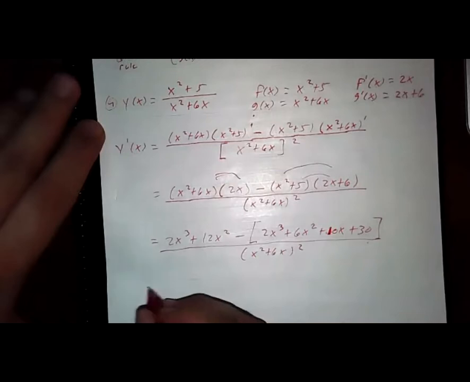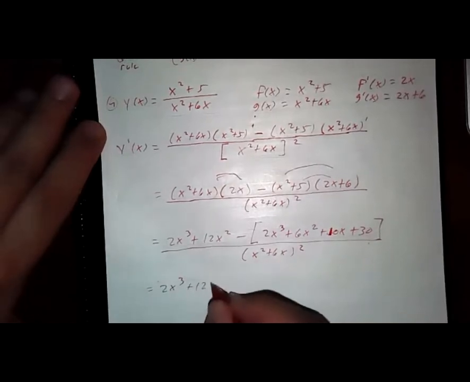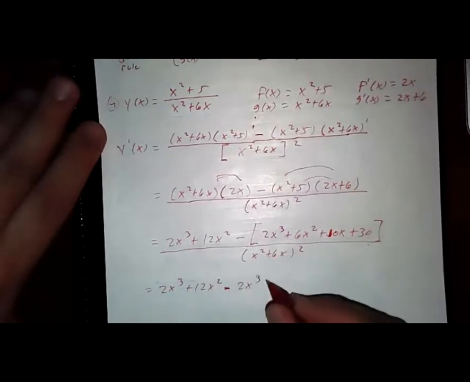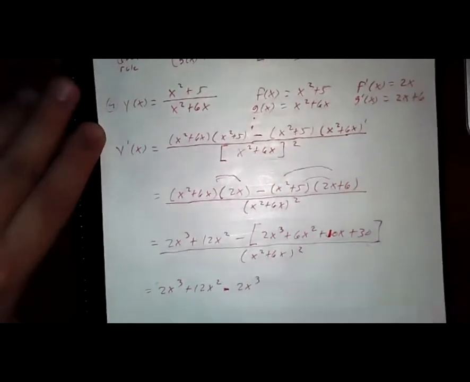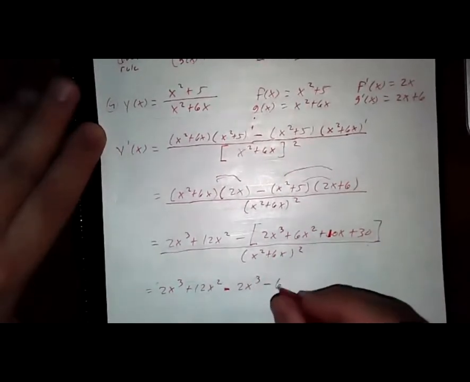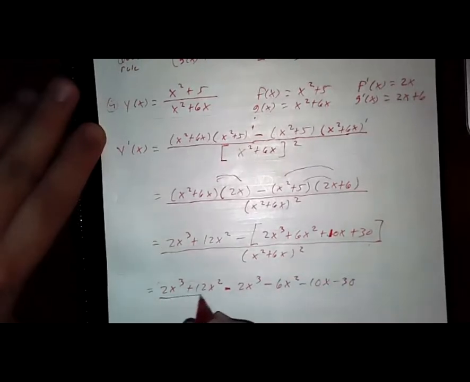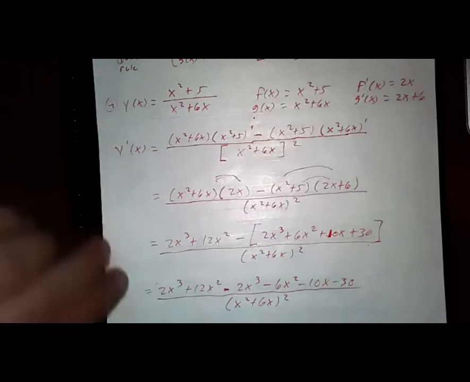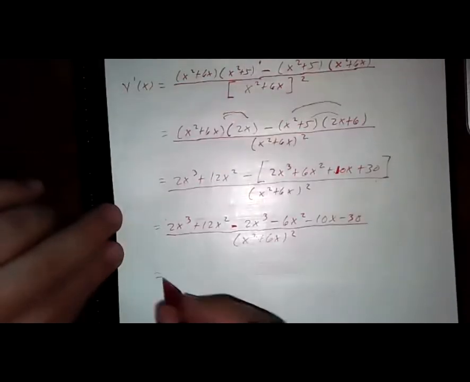2x cubed plus 12x squared. Distribute that minus, so everything just swaps signs. Combine like terms.